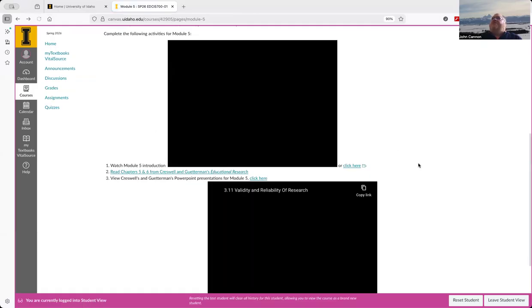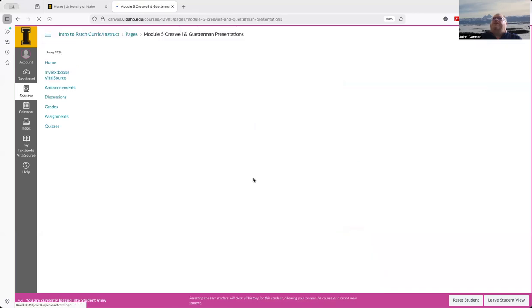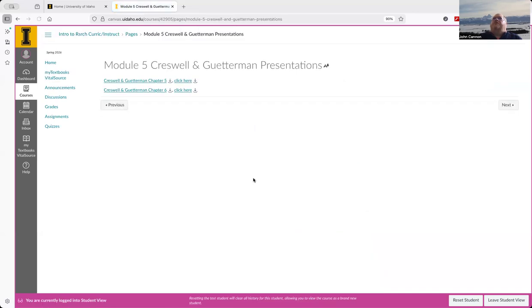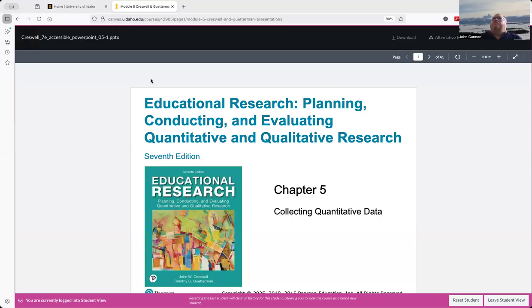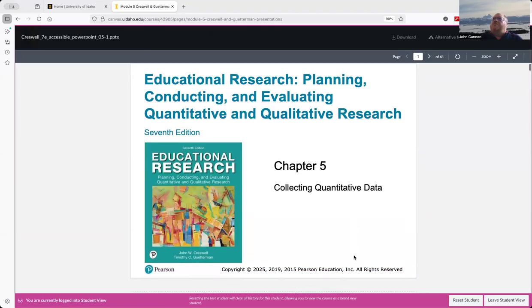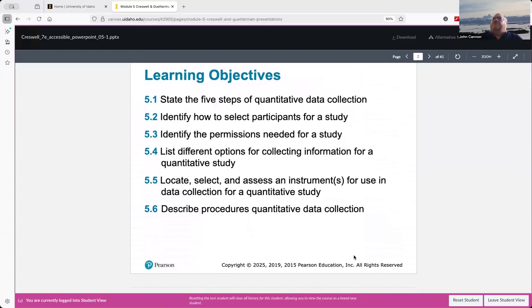And we'll go back to the chapter 5 page. We've got the PowerPoints here. Here are the learning objectives from Creswell and Guterman for chapter 5.